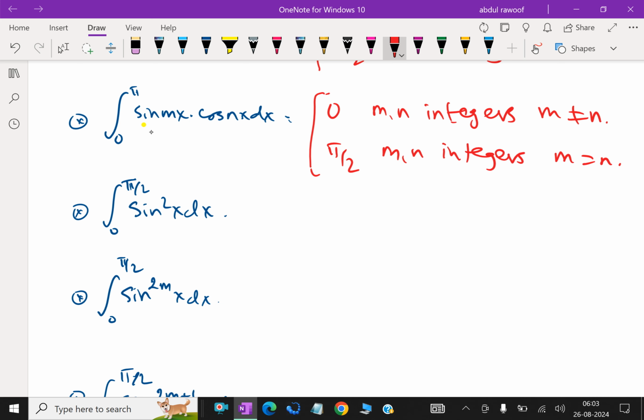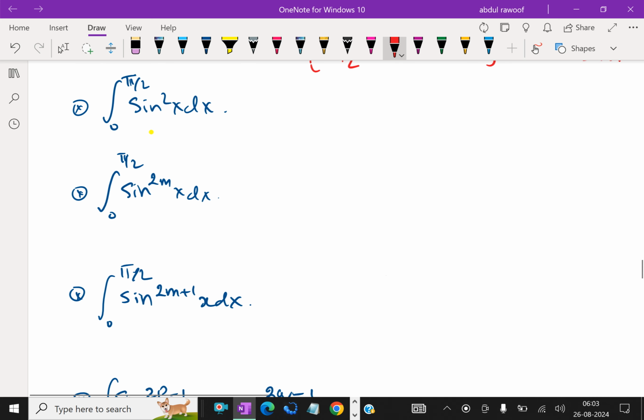Next, the integral from 0 to pi by 2 of sin squared x dx.